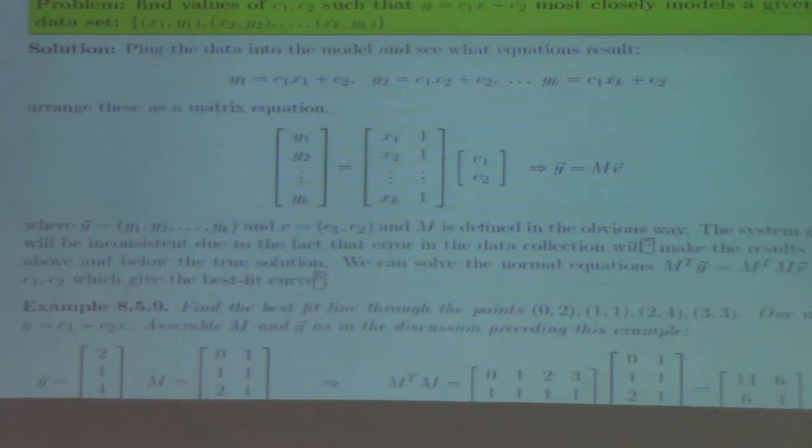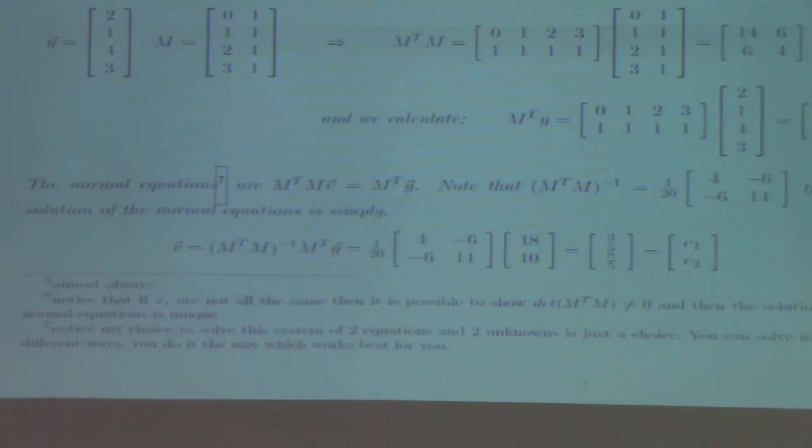Here's an actual example with numbers. Check it out: 0, 2, 1, 1, 2, 4, 3, 3. The model is just a line. We plug it in and plug it in, and this is the system I'm trying to solve. I multiply by M transpose, and that gives me this little 2 by 2 matrix.